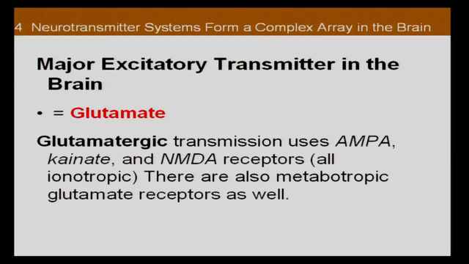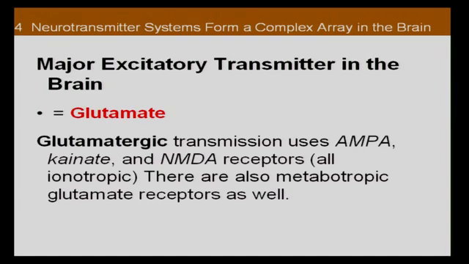And we know that there are at least two critical types of glutamate receptors. Remember, we talked about different kinds of dopamine receptors, different kinds of acetylcholine receptors. There are two key kinds of glutamate receptors that will play a big role in our understanding of LTP. One uses AMPA, and the other uses NMDA.